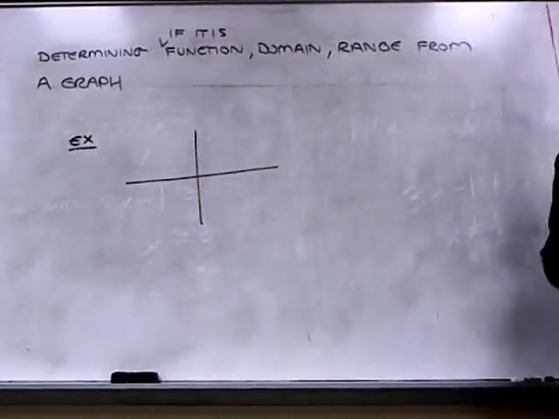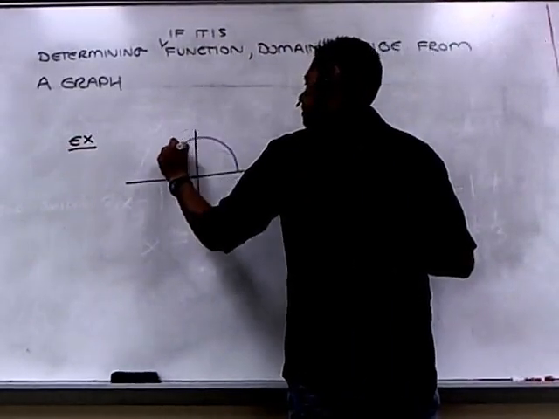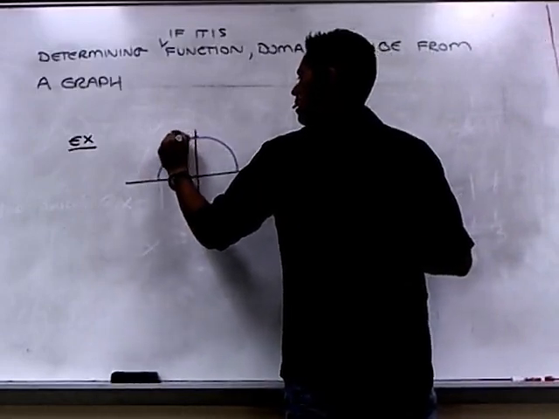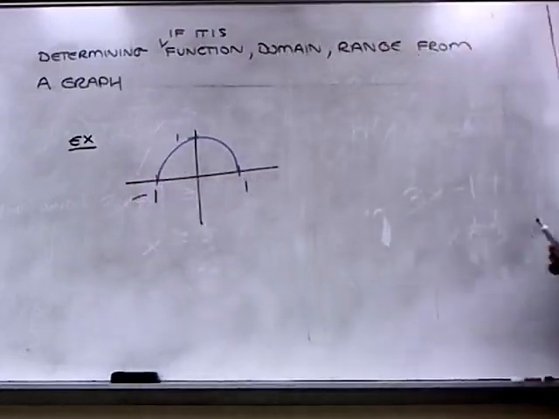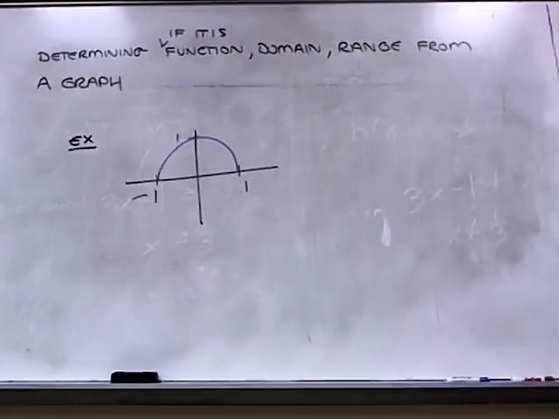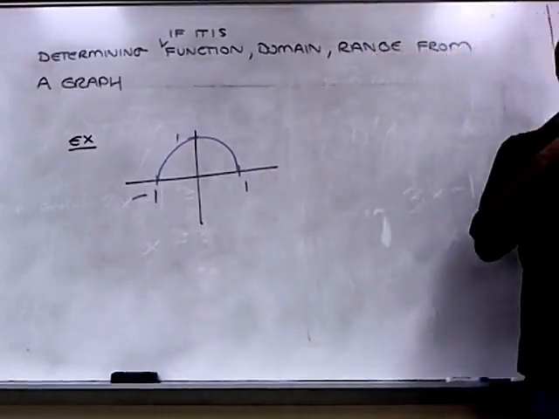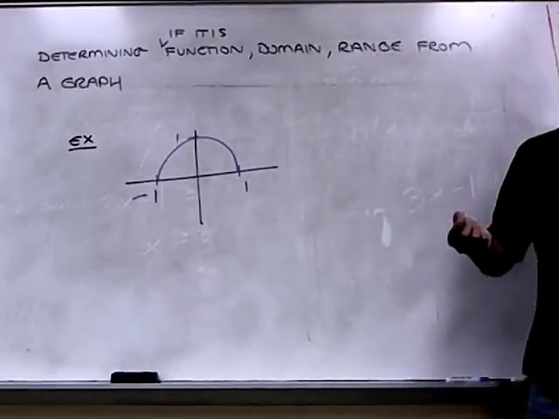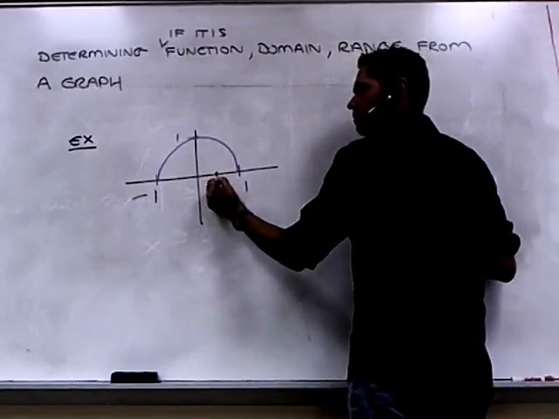I would like for you to take a look at this graph and tell me if it is a function. Say that's 1, and let's say that's -1 over here. So the blue is the graph. Is it a function? Remember, function meant for every input there's an output. Can I plug in something right here?